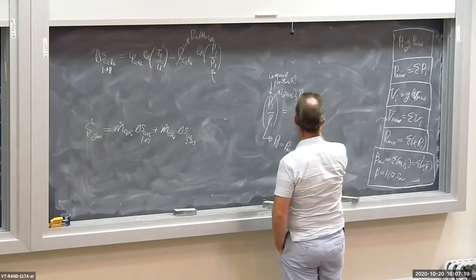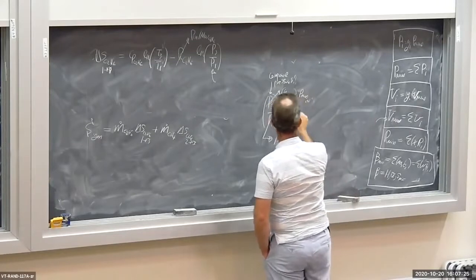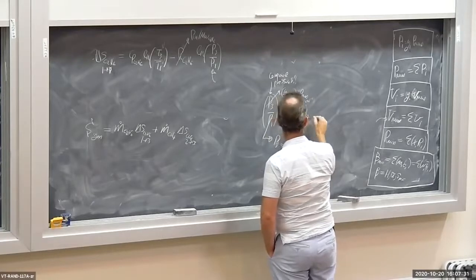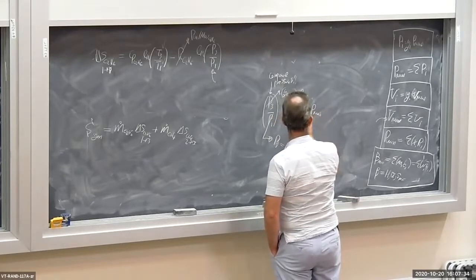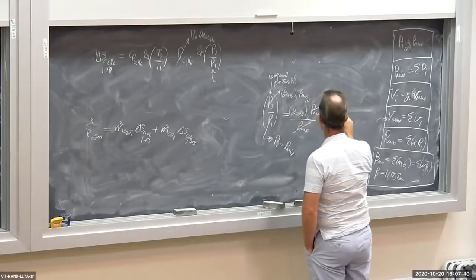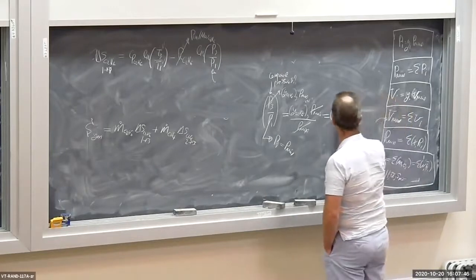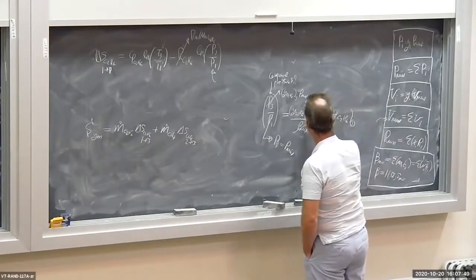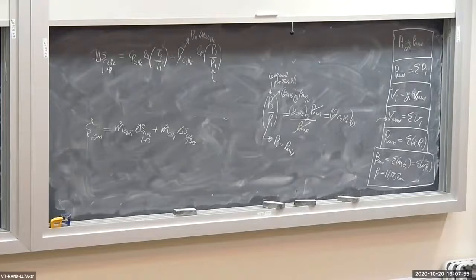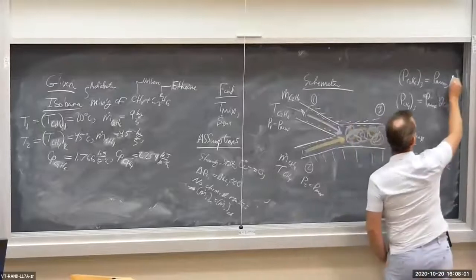So let's write what we have here. I get y of C2H6 at the outlet times P mix over P mix. The P mixes cancel out, and I get the mole fraction of the ethane at the outlet. Let me write mole fraction, just to make it clear.